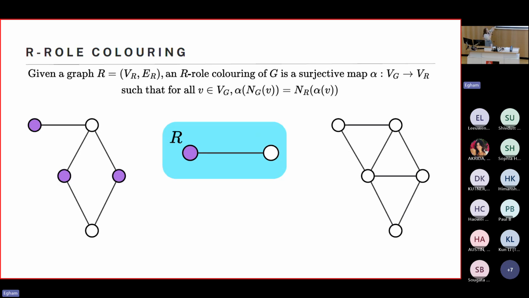Our bottom white vertex only has purple neighbors, two of them, whereas our top one has three, but they're both colored by the rules and we're happy. Whereas you can quite easily look at the second graph and say that you can't role color that, because you have triangles and you can't two color something with triangles.